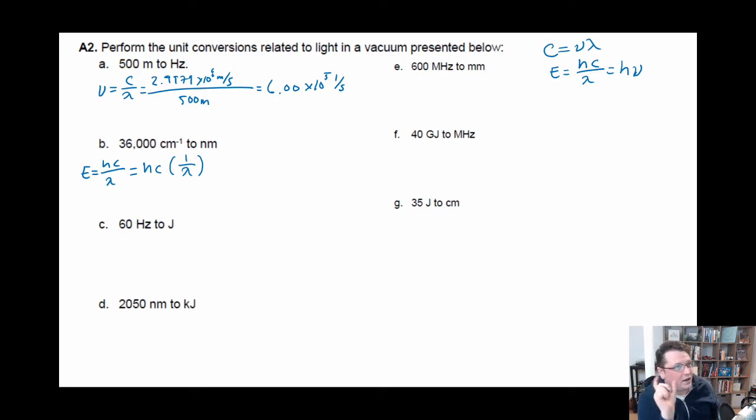And I talked about this when I was talking about both D1 and D2, and also B2. If you haven't looked at those videos yet, the relationship between wavelength and energy is an inverse relationship.